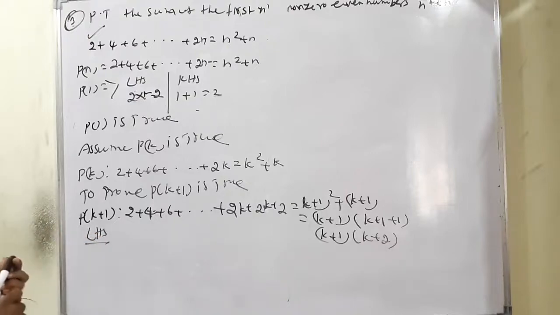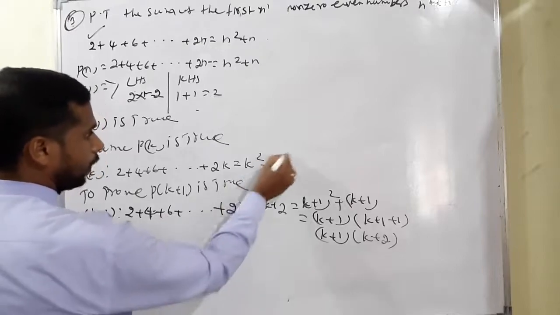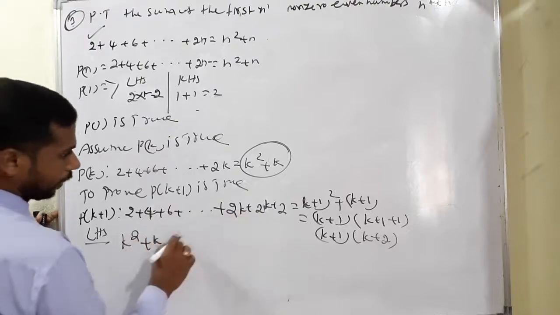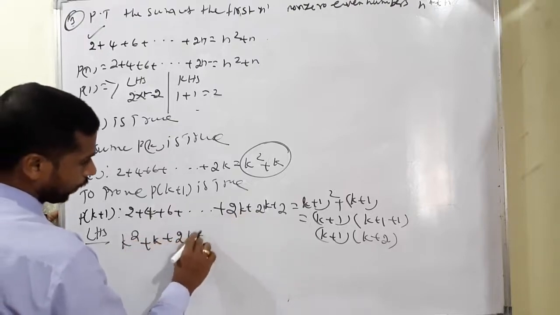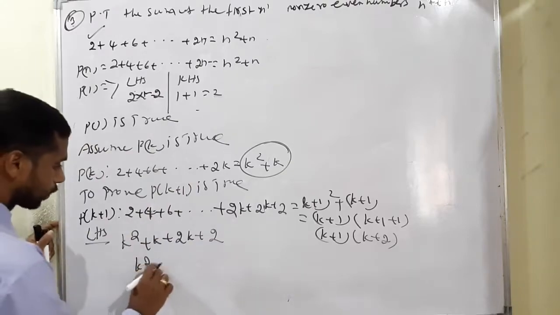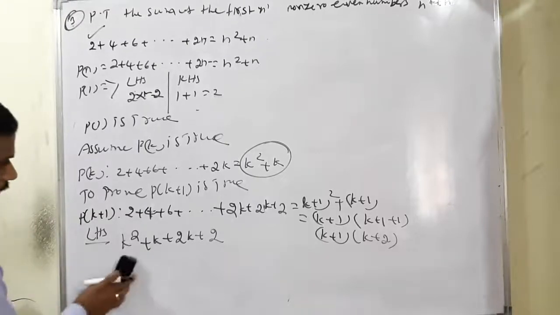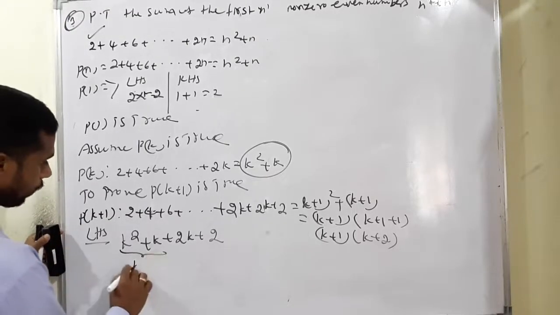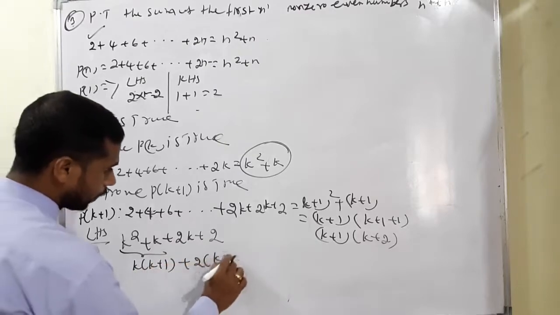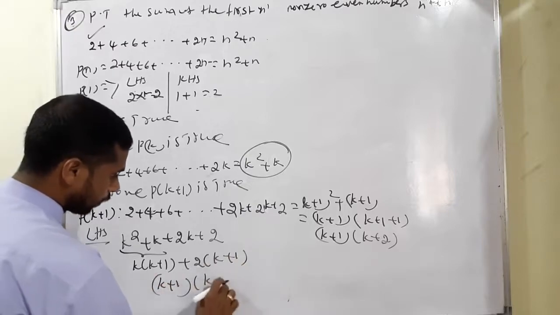Now I am going to check LHS and RHS. LHS: instead of 2 plus 4 plus up to 2k, we have k square plus k, and the remaining term plus 2k plus 2. Now k square plus k, taking k common outside, k plus 1 will come. Next, plus 2, taking common outside, k plus 1. Again taking the common factor k plus 1 outside, inside k plus 2.